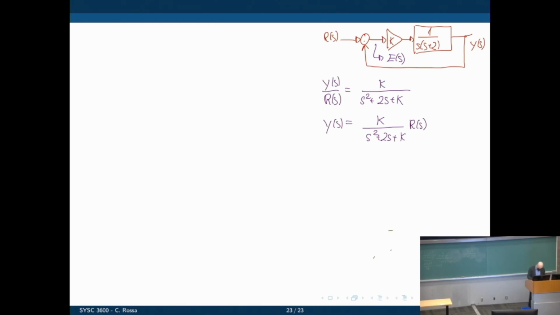Okay, so now we want the value of K such that the percent overshoot is 0. This entails zeta greater or equal to 1. And then we can go back to the equation we have here and equate that to the coefficients of the standard form.